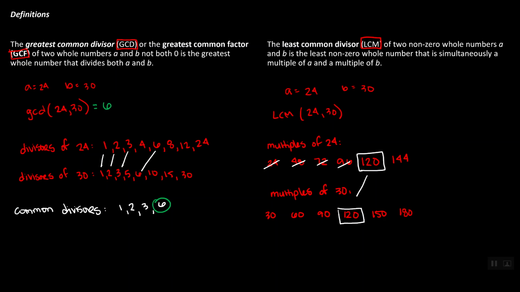This is the first multiple. If I had continued my list of multiples, I would find more of them, and they would get bigger and bigger. If you notice our multiples list, the numbers get larger as we continue. So the first multiple is going to be the smallest multiple. In other words, that's our LCM.